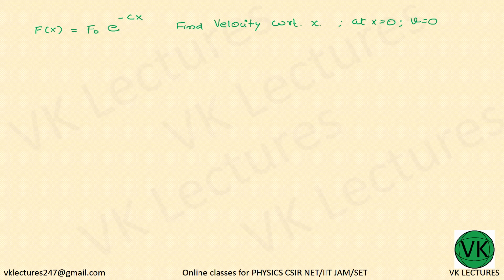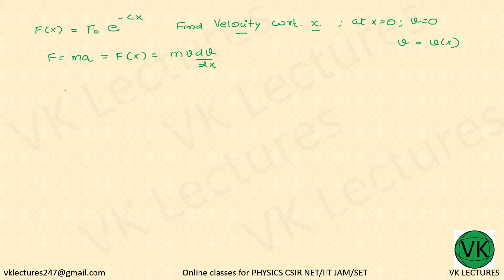So with F is equal to ma, we will begin. That is equal to F of x, and since we have to find velocity with respect to x, so v as a function of x, we use the formula m v dv by dx.